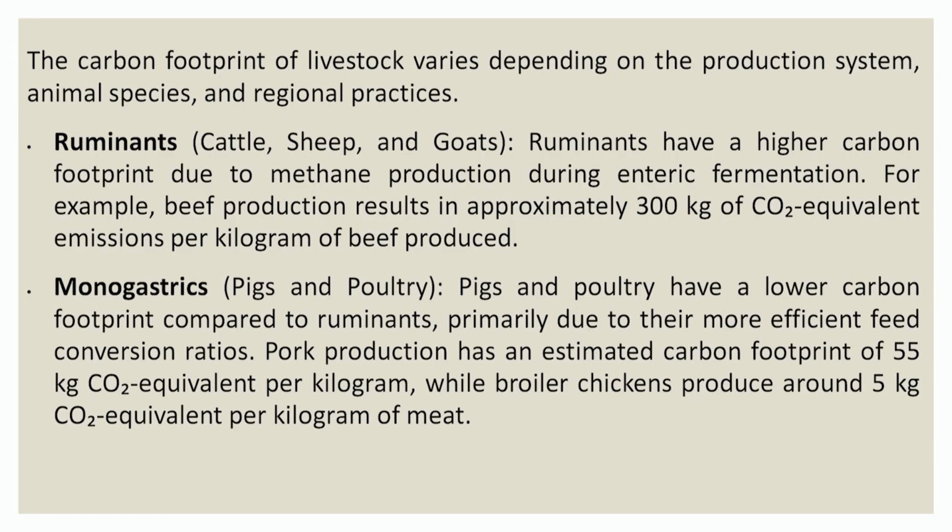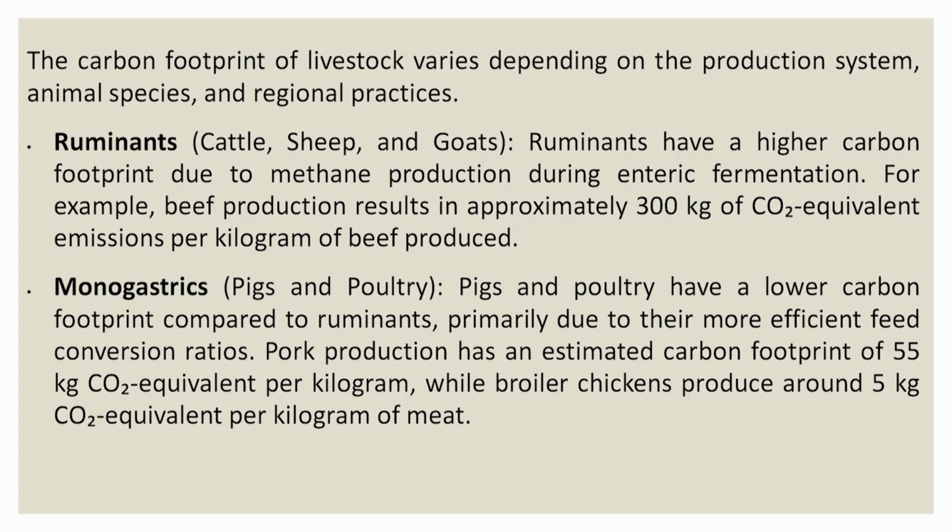Ruminants, which include sheep, goat, cattle, buffalo, yak, and mutton, have a higher carbon footprint due to methane production during enteric fermentation. Beef production approximately results in 300 kgs of carbon dioxide equivalent emissions per kg of beef produced from the buffalo.